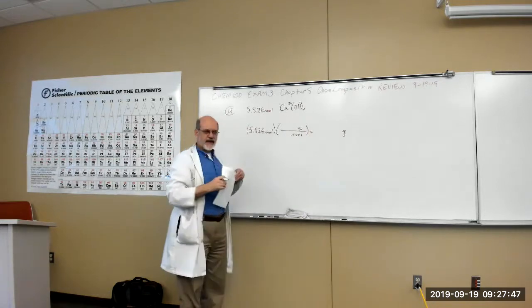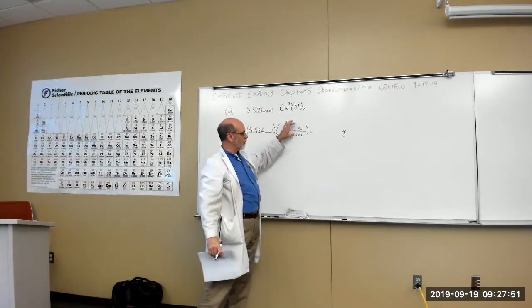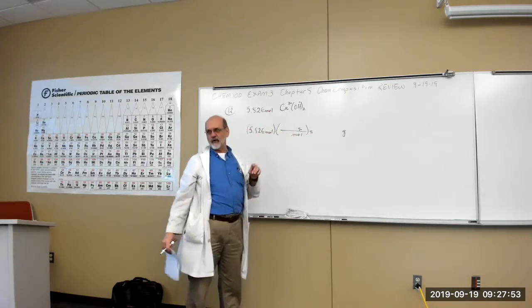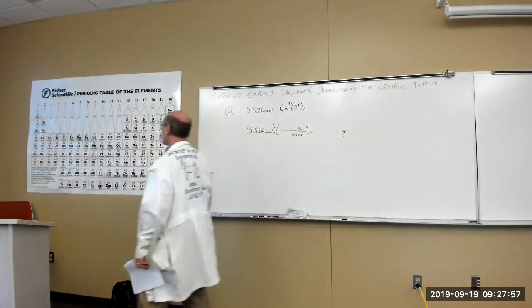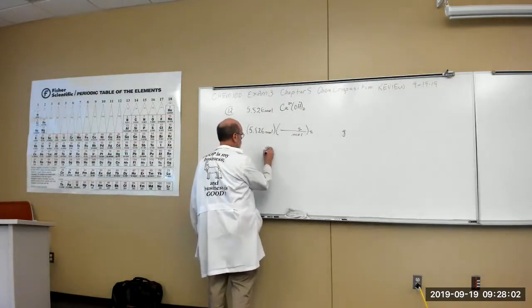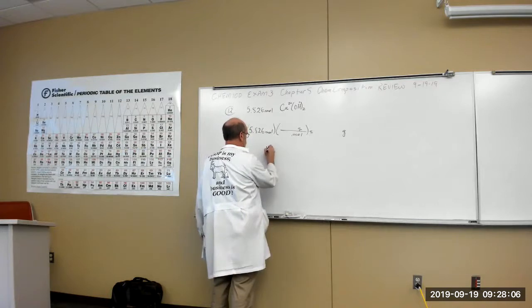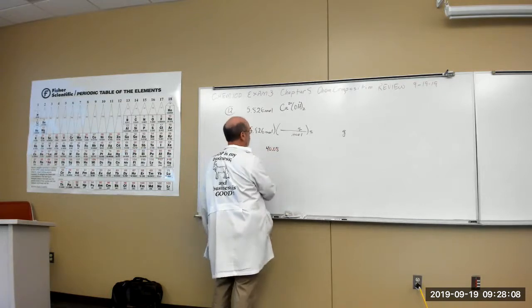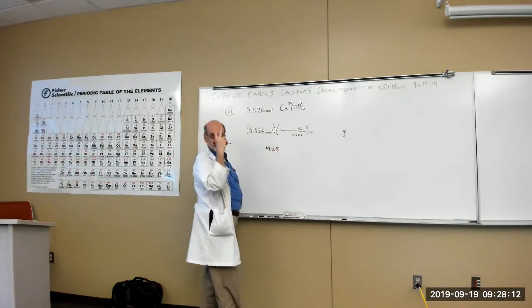So now you just have to decide, what's my conversion factor? And if it's grams and moles in a quotient, you know it's going to be molar mass. So calcium is 40.08. Try that again. Okay. How many oxygens do we have? 2.